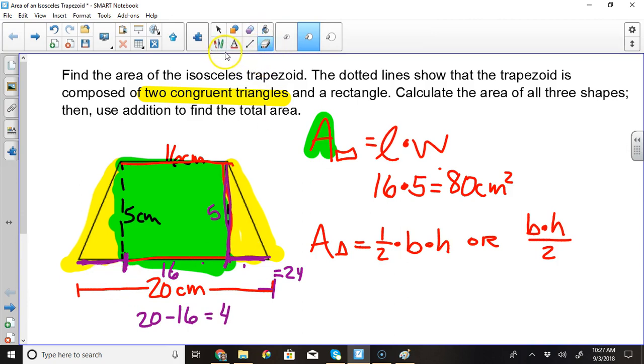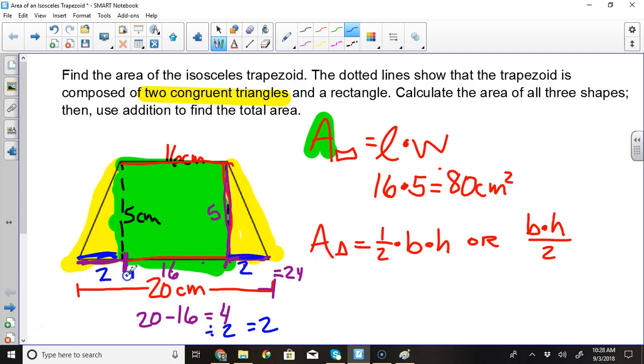Well, remember, I had 4 left over, and that 4 has to be divided equally between this triangle and this triangle. So dividing that by 2 is 2. So this here is 2, and this here is 2. So 2 plus 16 plus 2 is 20, which is what this whole length is. So the base of both of these triangles is 2.